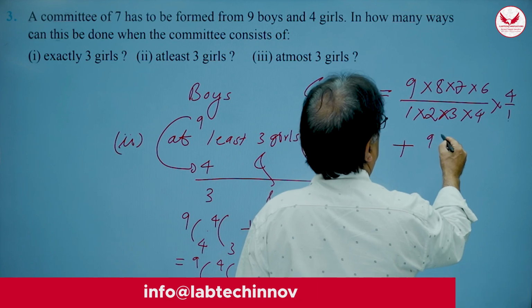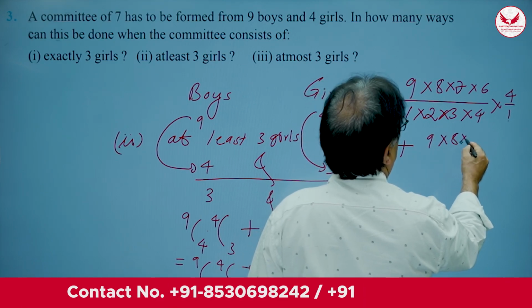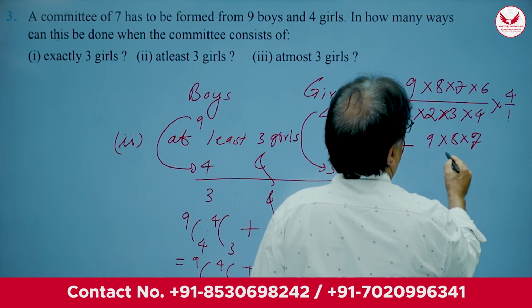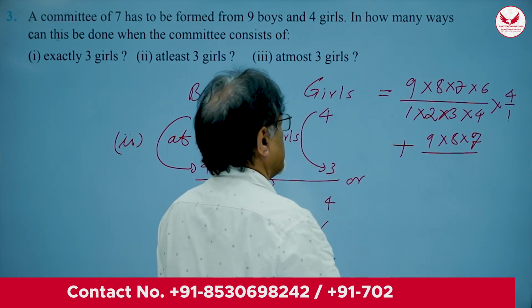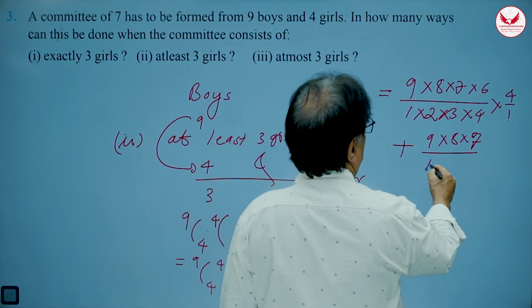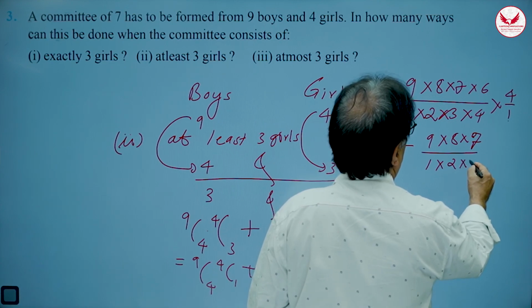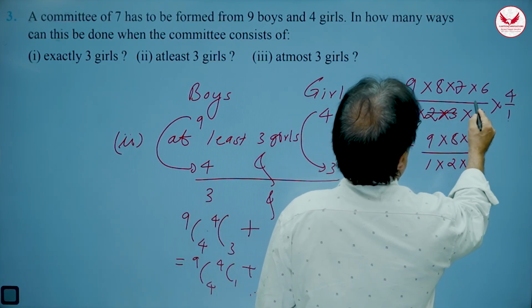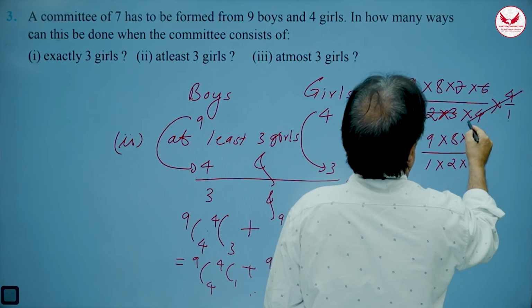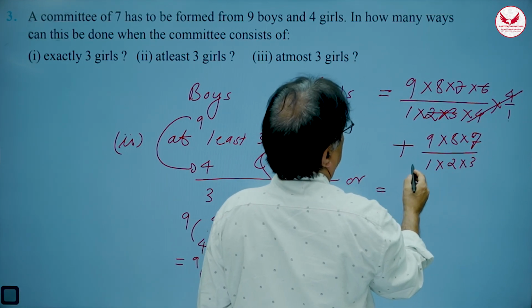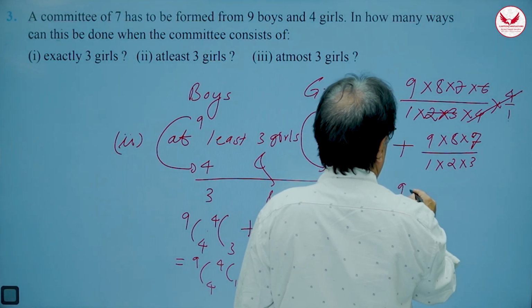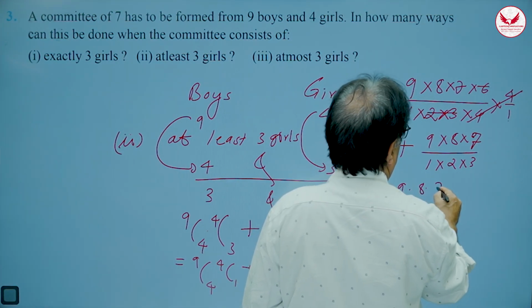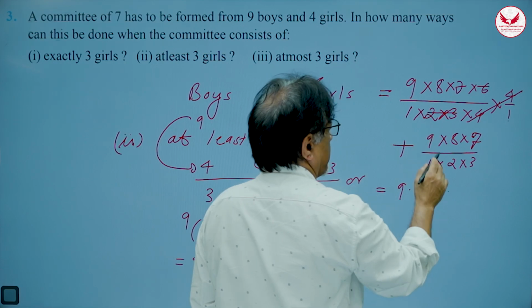9C3 is what? 9 multiplied by 8 multiplied by 7. I cannot go up further because only 3 are allowed, and denominator is 1 multiplied by 2 multiplied by 3. So if you calculate, this 6 will get cancelled with this 6. This 4 also gets cancelled. So what is left here is 9 multiplied by 8 multiplied by 7. 6 is already gone.